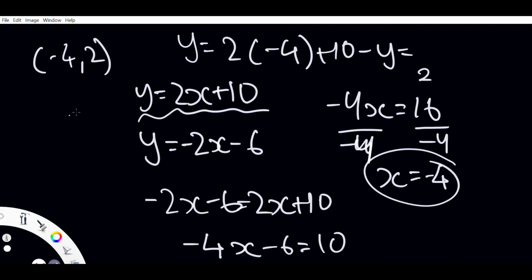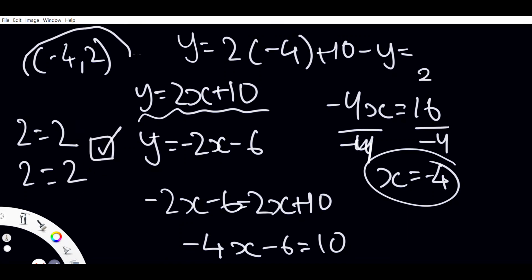And if we substitute in the values, we get 2 is equal to negative 4 times negative 2, which is 8, minus 6, which gives us 2. And similarly, we can say 2 is equal to negative 4 into 2, which is negative 8, plus 10, which also is 2. So now that we have both values, we can conclude that negative 4, 2 is the correct solution or ordered pair.